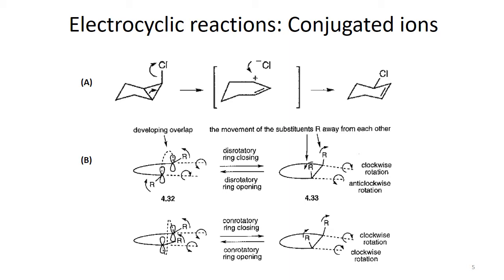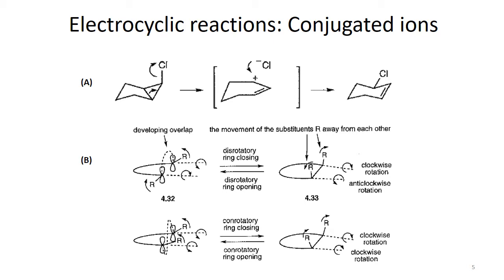So the actual happening is the electrocyclic ring opening reaction from the cyclopropyl cation to this allylic cation, but basically this cationic form is just in disguise.